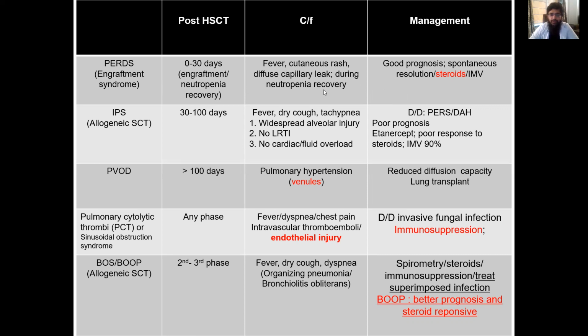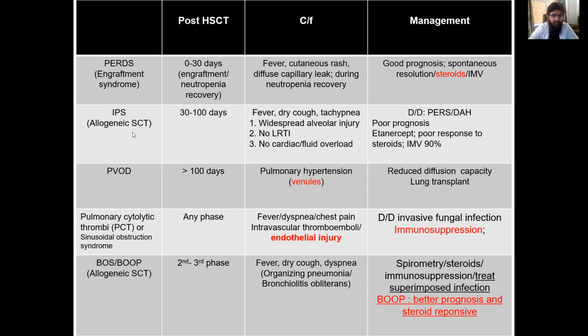It's also known as a phase of acute graft versus host disease, the GVHD. These patients generally have a good prognosis with spontaneous resolution. Some patients require invasive ventilation. They show good response to steroids. So by identifying PERDS during neutropenia recovery, we can manage the patients well with steroids and, if required, invasive ventilation.